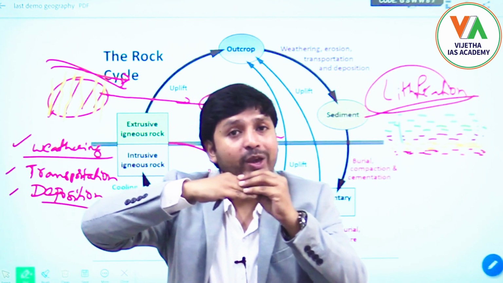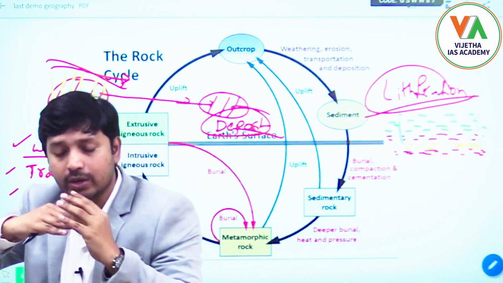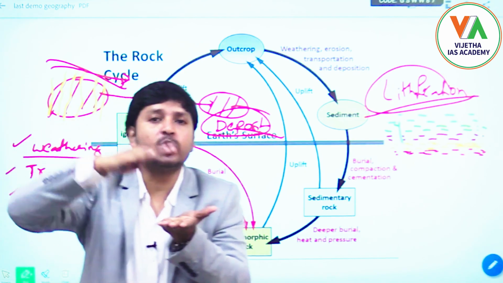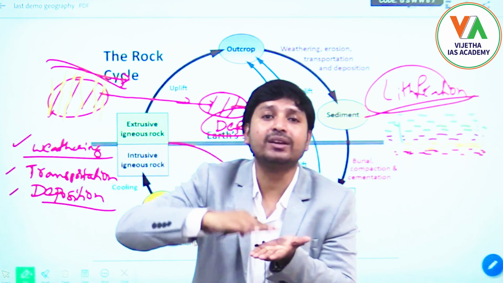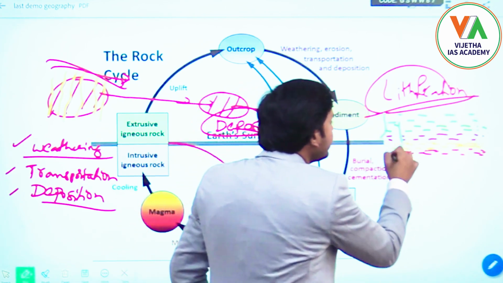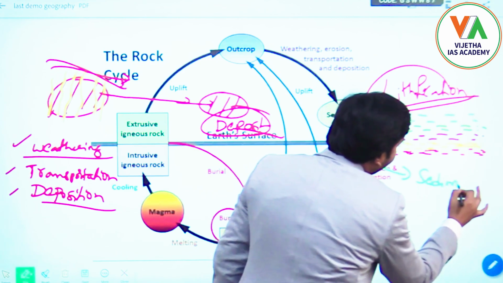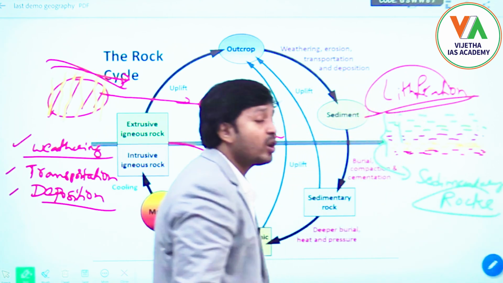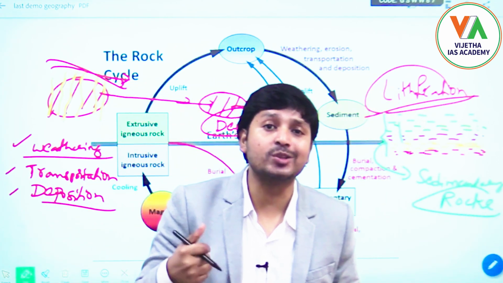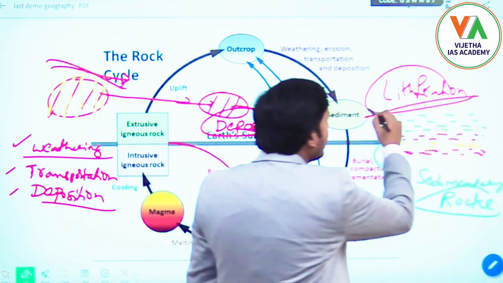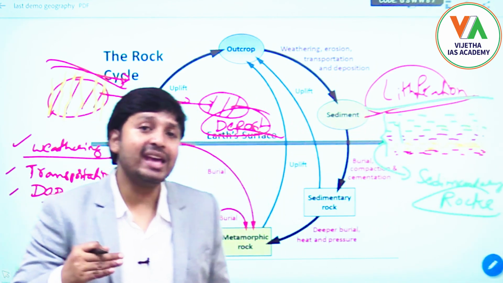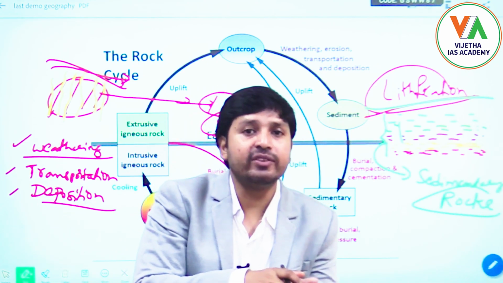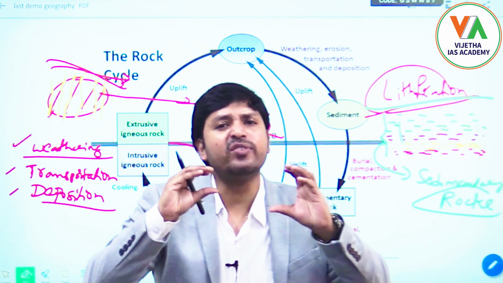Because of this compression, consolidation and compaction, a hard solidified layer will be formed, the entire rock system, which is called sedimentary rocks, and the process is called lithification, where layer by layer different sediments compact, compress, and cementation occurs between them, and they become a kind of hard rock once again.